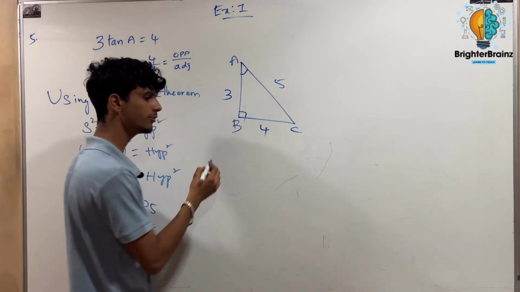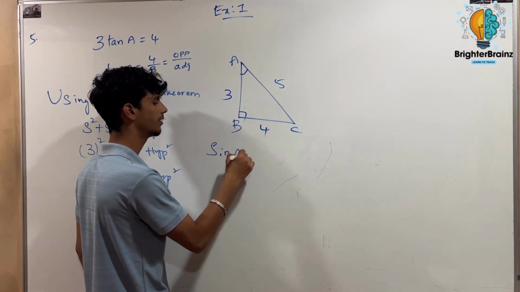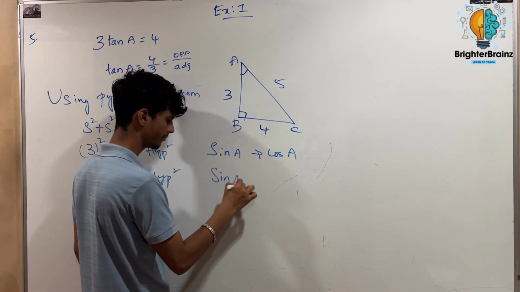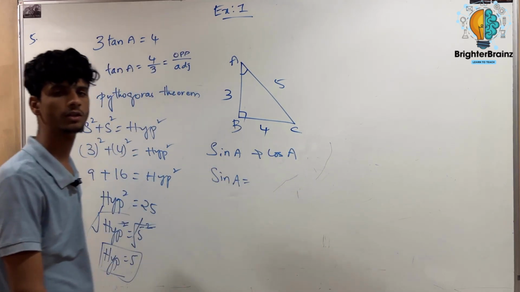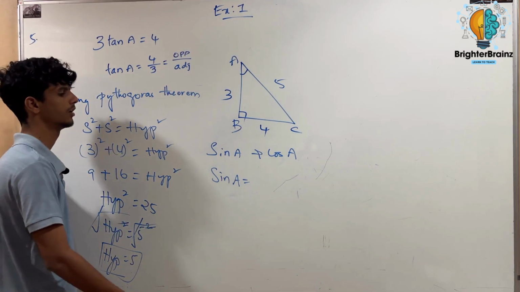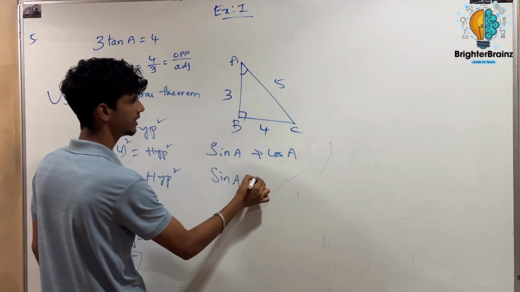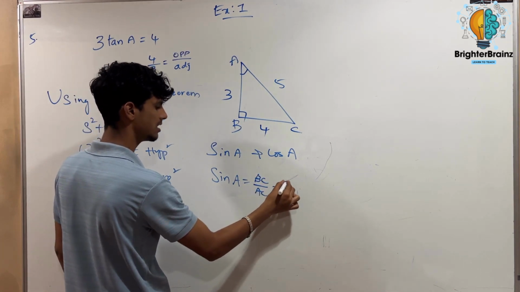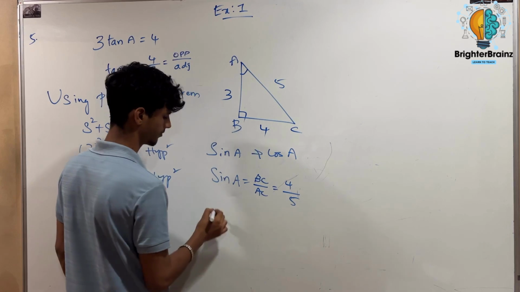Now he is asking to find sin A and cos A. What is the value of sin A now? Opposite by hypotenuse. Which is the opposite side? That is BC by AC. What is the value of BC? 4 by 5. Very good.